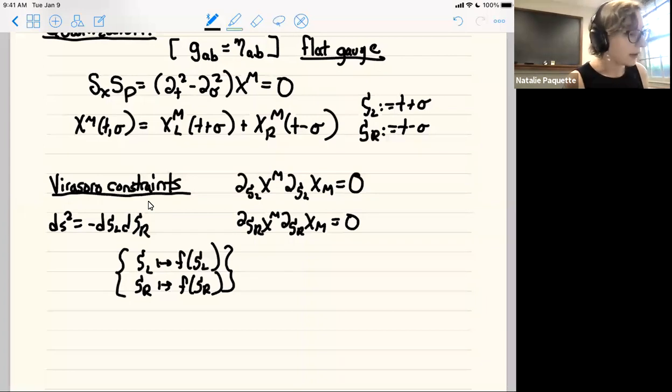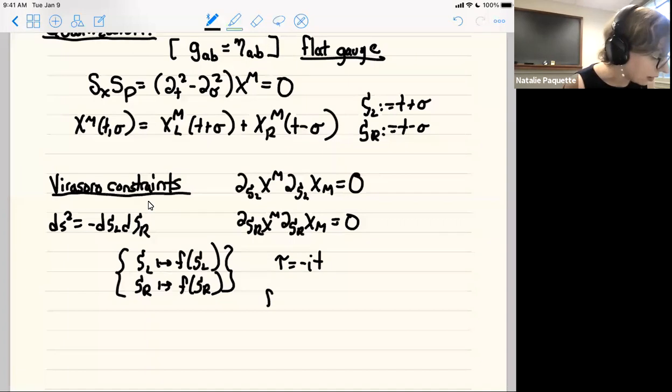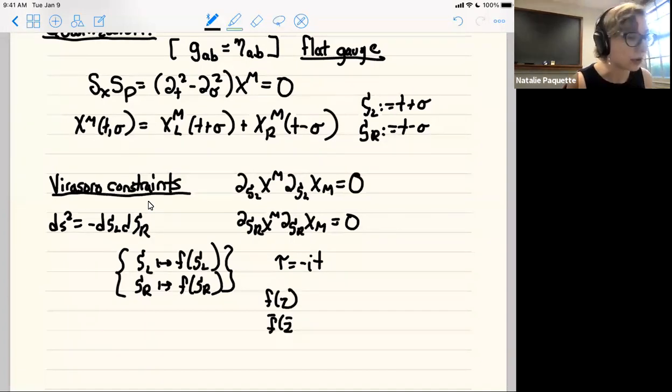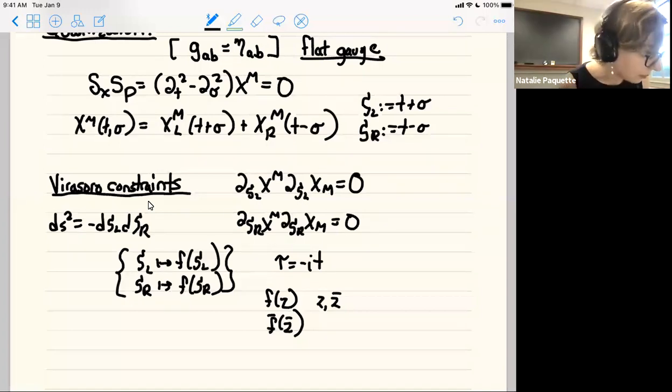And these probably will look more familiar to you in Euclidean signature. If I want to rotate my worldsheet and take zeta L and zeta R correspondingly to be complex coordinates that I call z and z bar, then what I get are holomorphic and anti-holomorphic reparameterizations of my worldsheet coordinates z and z bar, which I regard as independent coordinates, and these are conformal transformations.